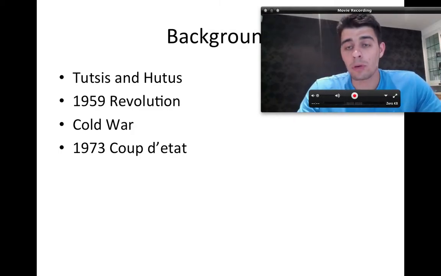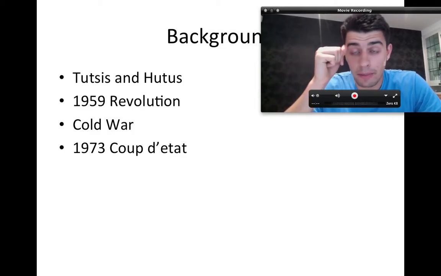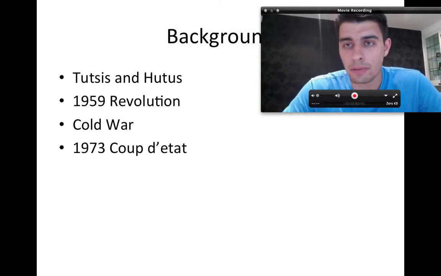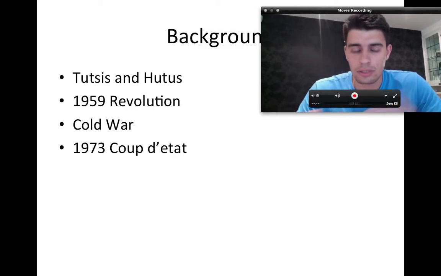They formed a one-party regime, which was not as much as it turned out to be at the time of the conflict, but it empowered the Hutus more over other demographics, particularly the Tutsis.